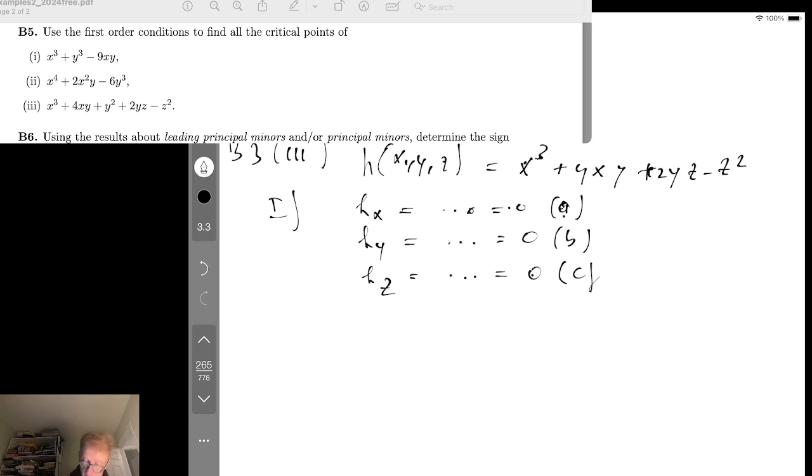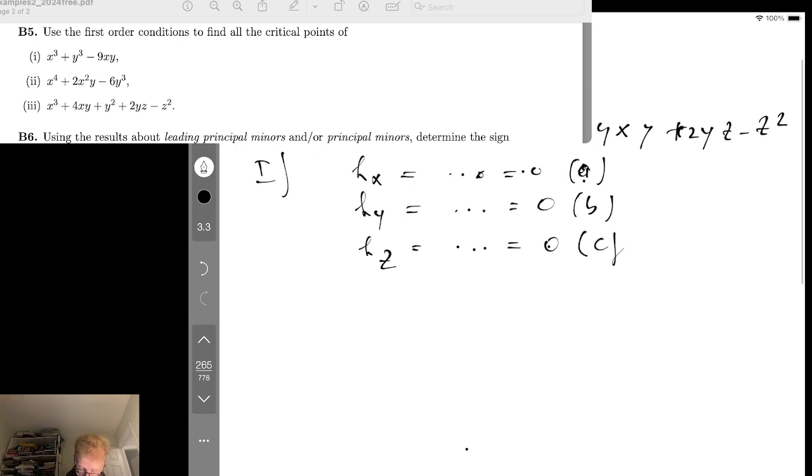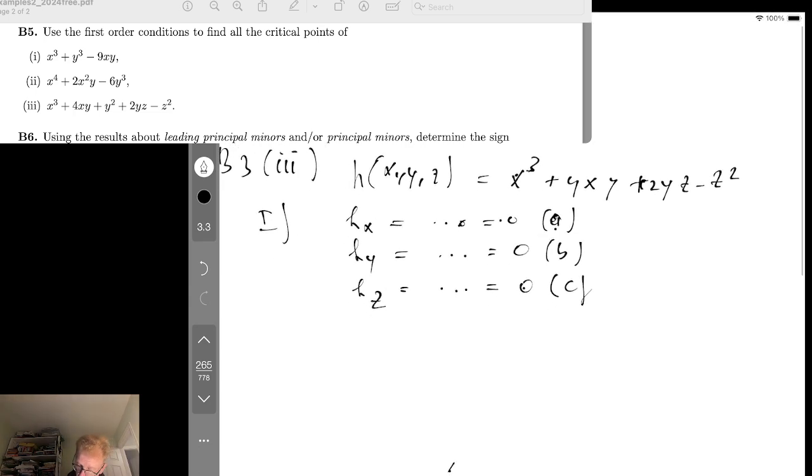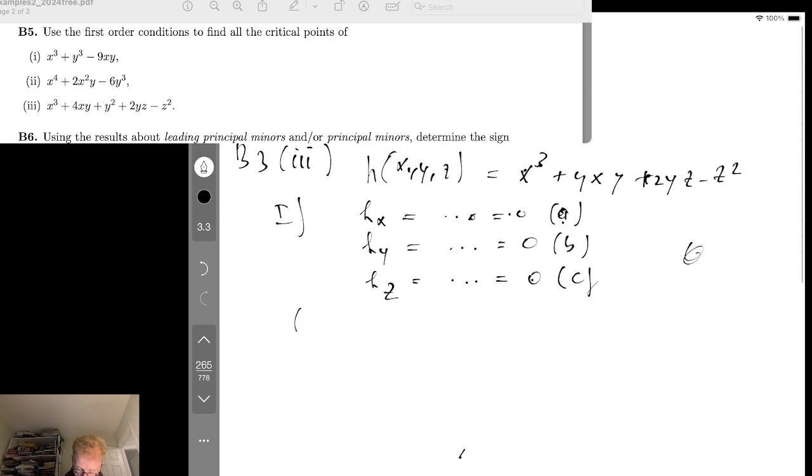Relationships B and C are linear in x, y, z, as you will see.